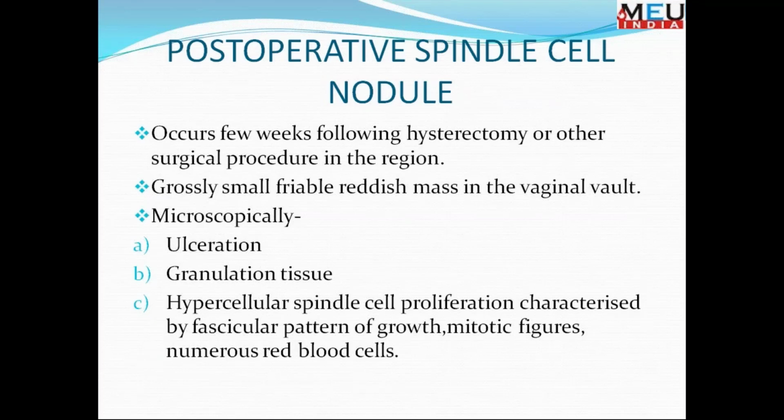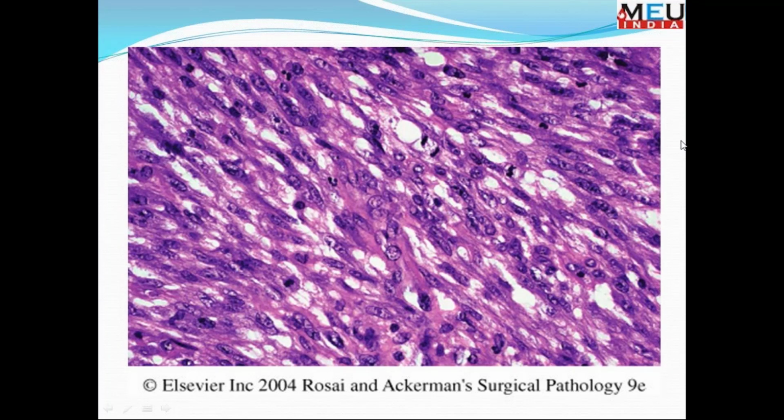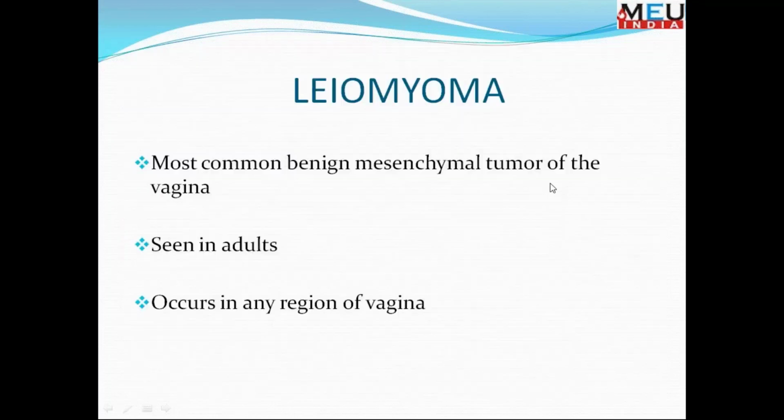Microscopically, there is ulceration, granulation tissue, and hypercellular spindle cell proliferation, characterized by a fascicular pattern of growth, mitotic figures, and red blood cells. Now this is the picture with mitotic figures.